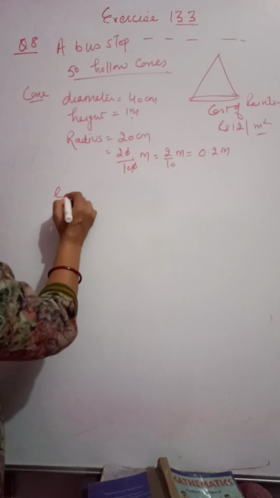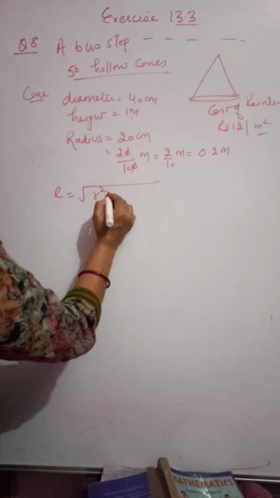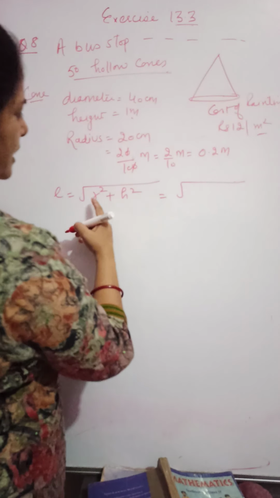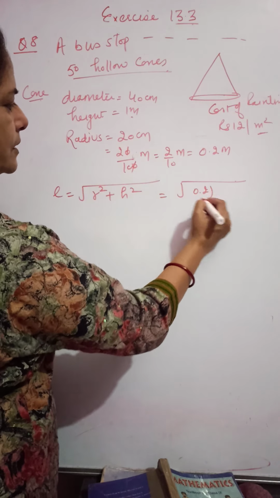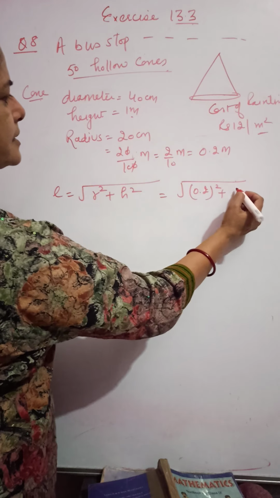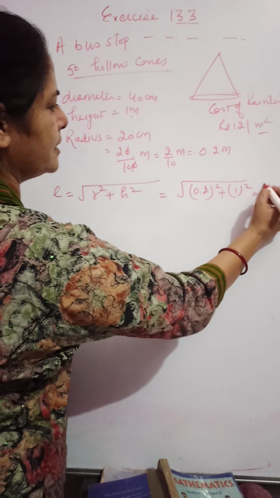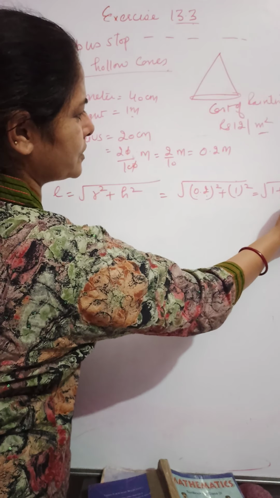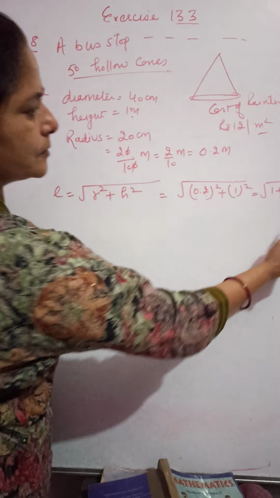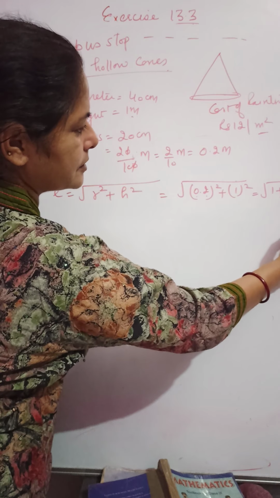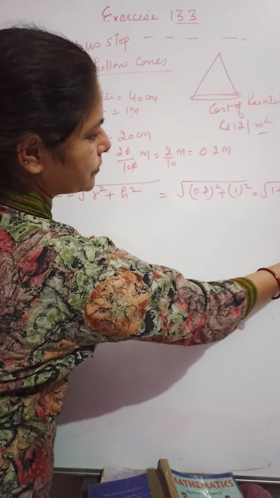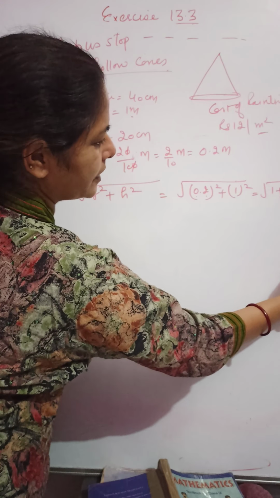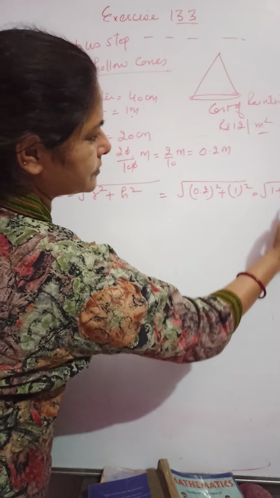First of all, let's find L. L is root r square plus h square. R is 0.2, square. H is 1, square. It is root of 1 plus 0.2 multiplied by 0.2, which comes out to be 0.04. 2 by 10 into 2 by 10 is 4 upon 100, so 0.04.